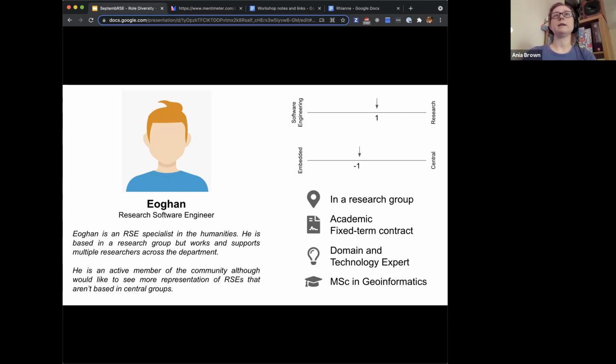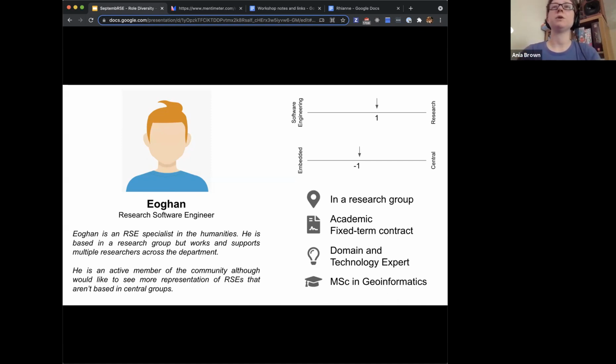It felt like at least there was the opportunity to move to a central group and have some career security that way, but it would involve giving up something, which is the domain specialization and the benefit of that, which is something that obviously embedded RSEs likely enjoy, given that that's the choice that they've made to work really closely with a particular domain.